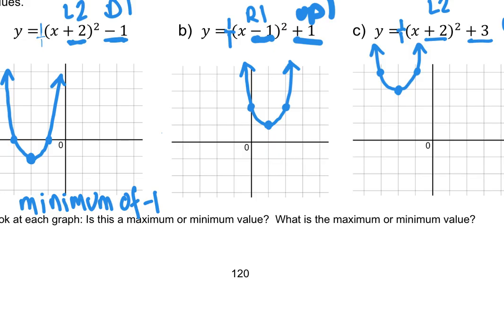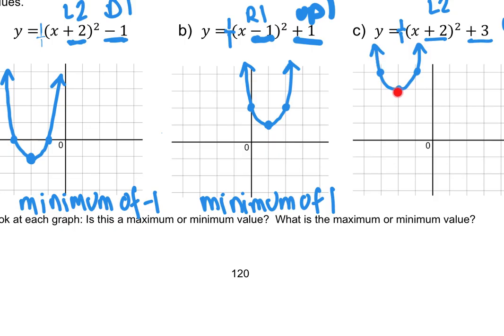Okay, let's look at the next graph. Do we have a maximum or minimum here? Right, we have a minimum. A minimum of what? Yes, of 1. Very good. And letter C, do we have a minimum or maximum here?